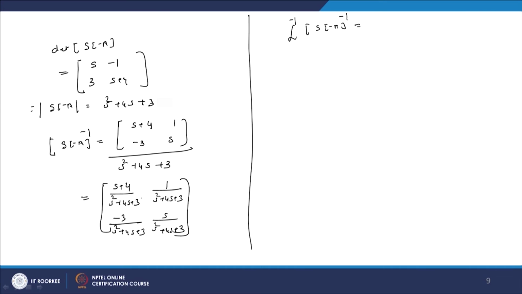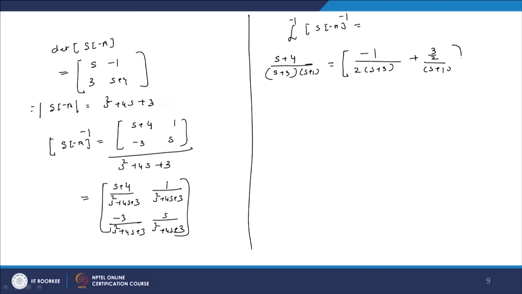Particularly, (s+4) divided by (s+3)(s+1), if you convert this into partial fractions, we get minus 1 by 2 divided by (s+3) plus 3 by 2 divided by (s+1).